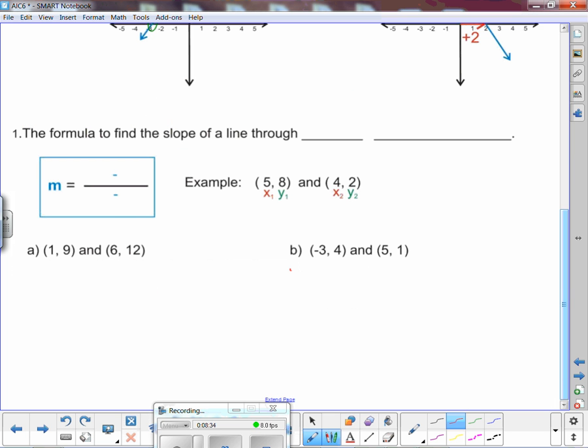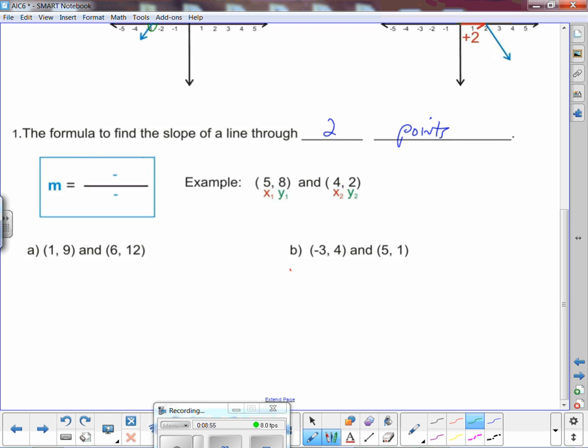Okay, next thought here. So number 1, the formula to find the slope of a line through 2 points. I'm going to do it in blue, you can do it in black. This is a formula you need to memorize. How do you find the slope between 2 points? Well, here's the formula.